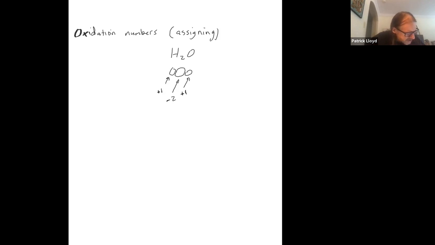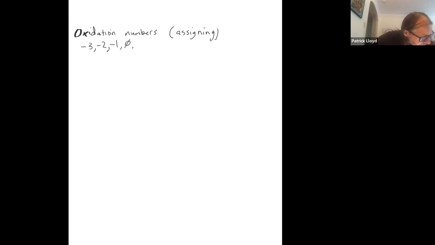So think of the oxidation numbers as being limited. These oxidation numbers can be positive or negative or 0. So they could be, for example, -3 or -2 or -1 or 0 or +1 or +2 or +3. Notice with oxidation numbers, we write the sign first, then the number.